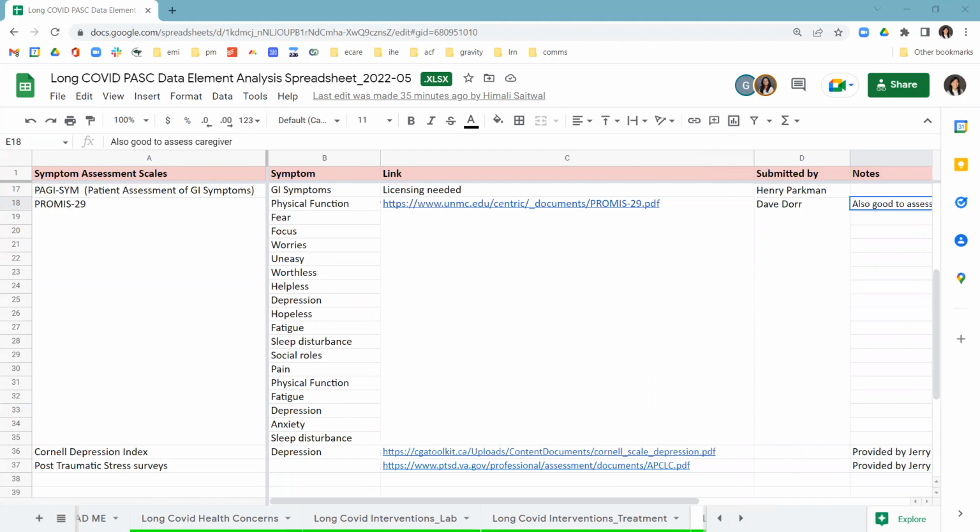Okay, Aluka wrote IQ code. We don't use it in the long COVID context that commonly, but certainly it's been a questionnaire that we will use for cognitive assessments from caregivers' perspectives if you're concerned about changes in memory or cognitive function. Okay.